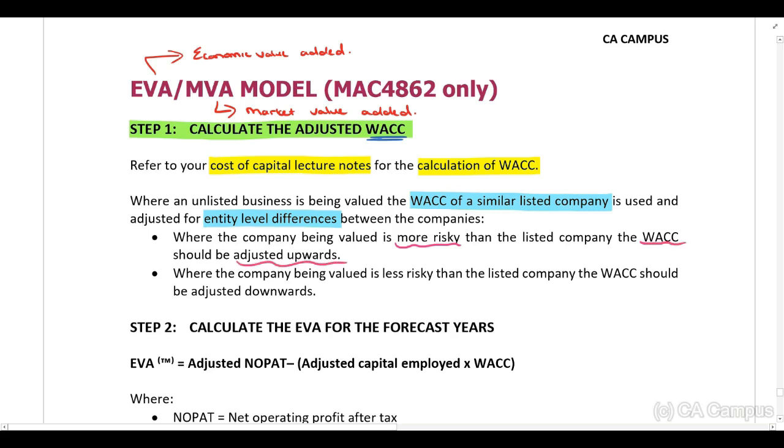And if the company that we are valuing is less risky, we need to adjust the WACC downwards. All right, that's exactly the same as what we saw with the free cash flow method. So the WACC is going to be used as the discount rate to calculate the present value of the forecast EVA.